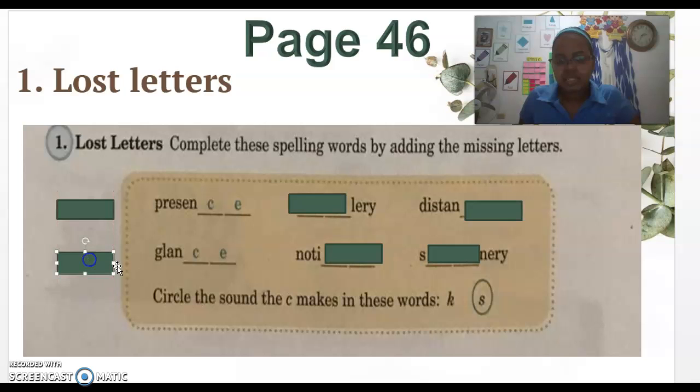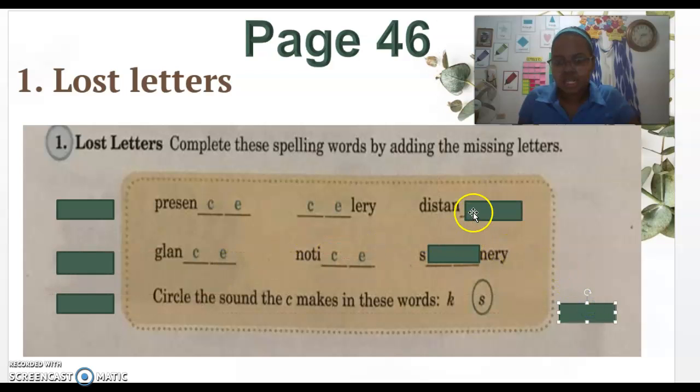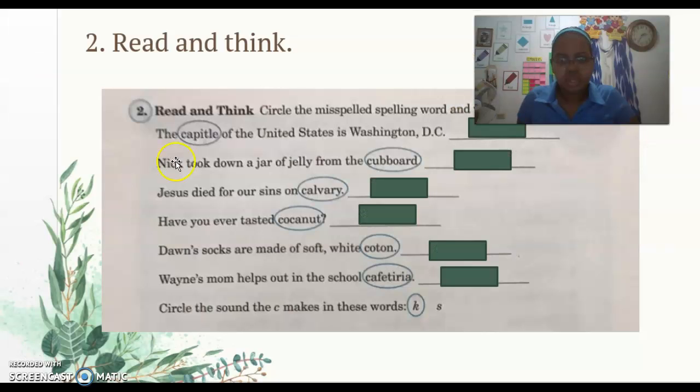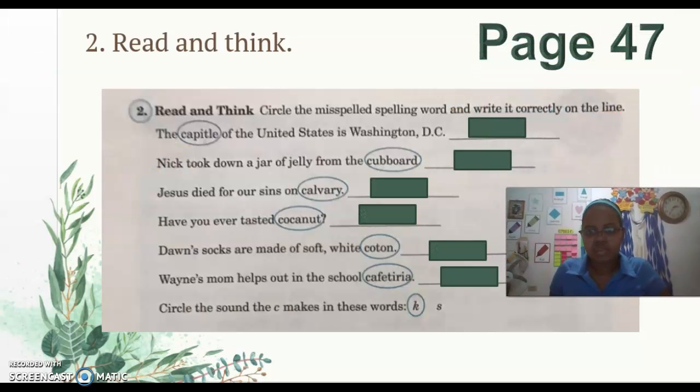Glens. So the letters that are missing are C-E. Celery. Yes. Notice. Distance. Scenery. Very good. So in each one of those words we're missing the letter C and the letter E.